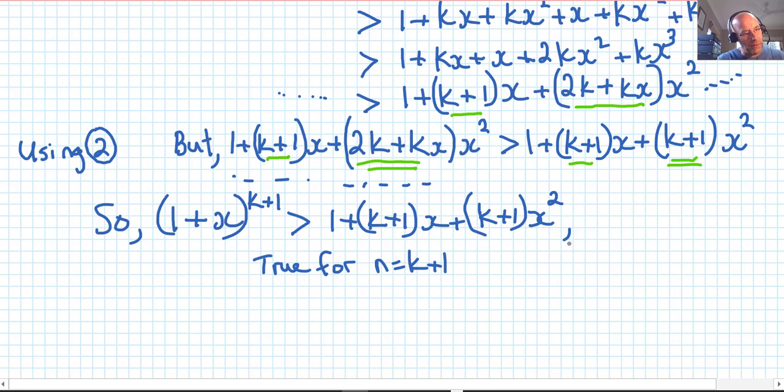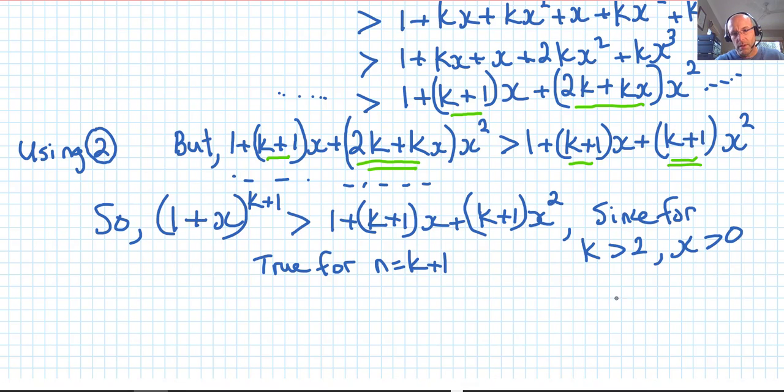Now the reason why, the mathematical reason, is that for k greater than 2 and x greater than 0, it's pretty easy to see that this 2k plus kx is greater than this k plus 1.